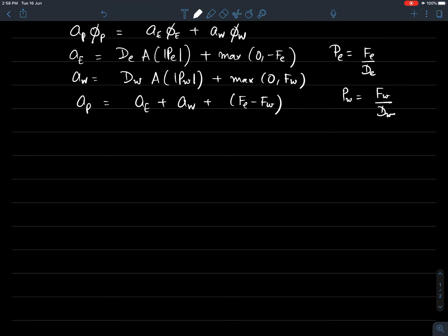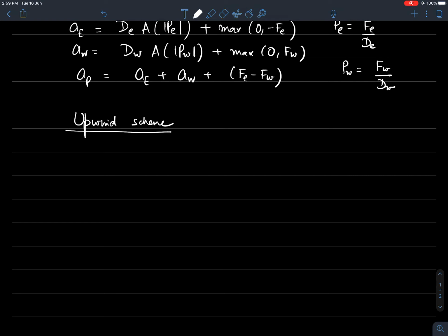As an example, let me use the upwind scheme, and the treatments for the other ones can follow in a likewise manner, which I'm leaving for you to work out. So for the upwind scheme, we know that A of mod P is 1. I would request you to look at the last lecture to see why this is the case. Now if A of mod P is 1, that means AE becomes DE plus max of 0 comma minus FE.